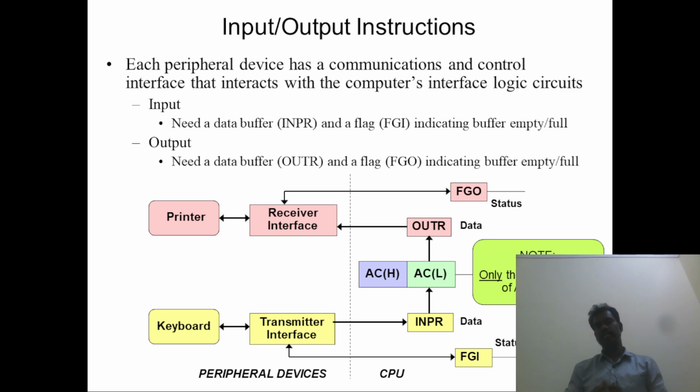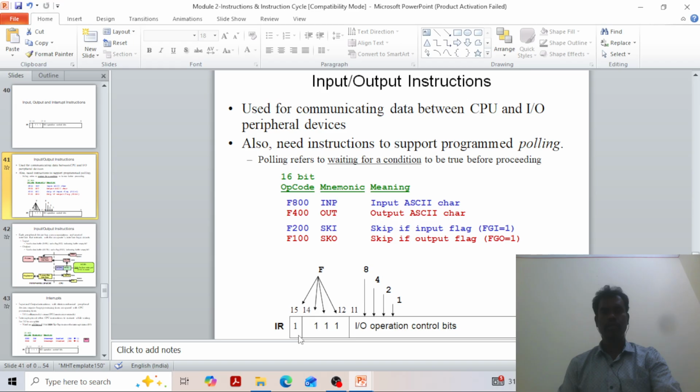Once the data is placed in the buffer, it will keep it until it is released. Next, the output register: initially, if the buffer is not full, it will transfer, FGO is 0, and it will show FGO 1 once the transfer is finished.